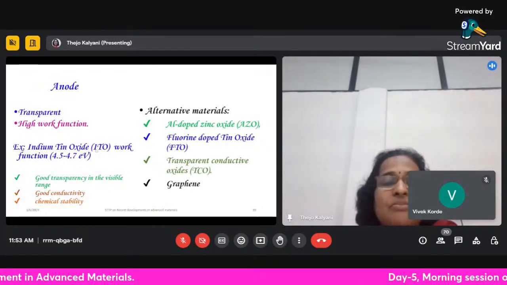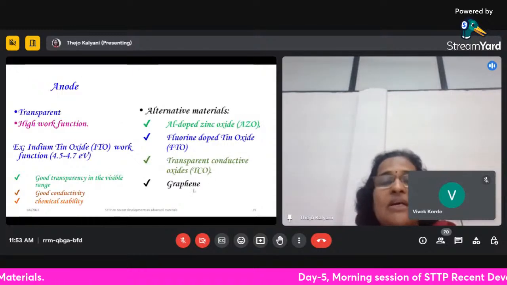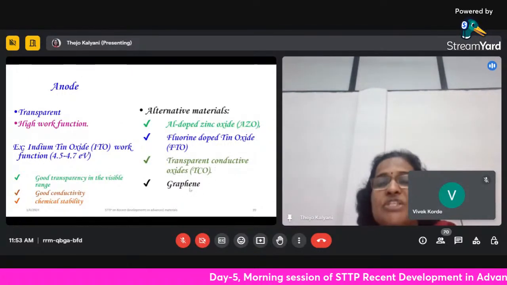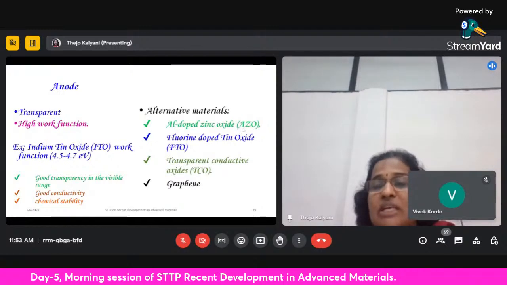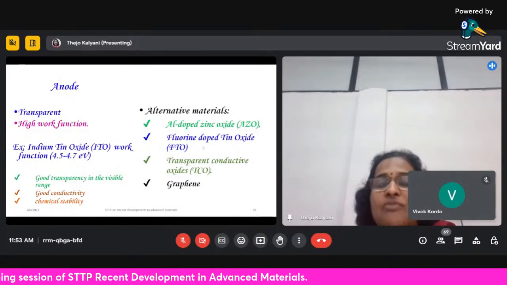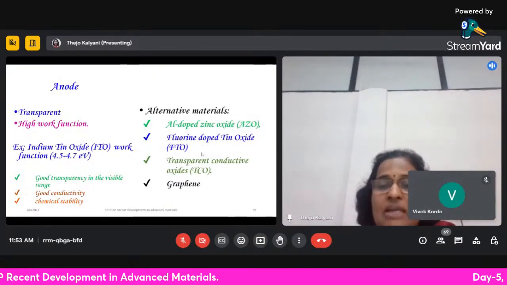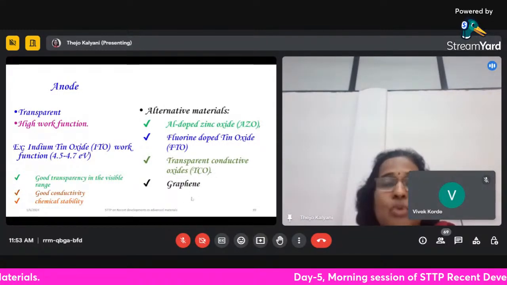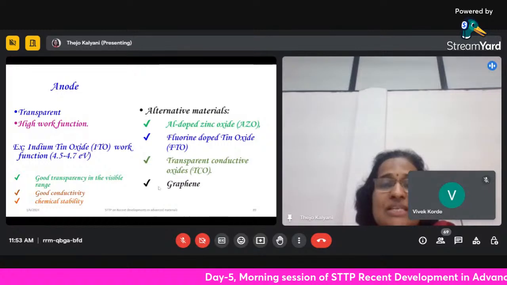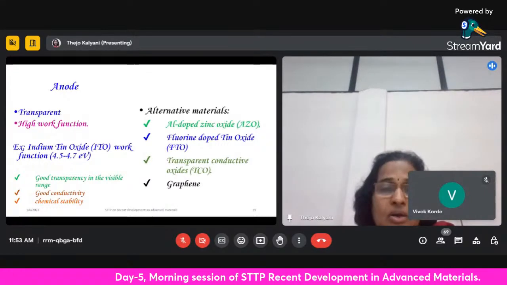Apart from ITO, there are many other anode materials which can be used, including aluminum doped zinc oxide, which we call AZO, fluorine doped tin oxide, FTO, and transparent conductive oxide, TCO. And recently, graphene has gained momentum and is being used as an anode material for OLEDs.